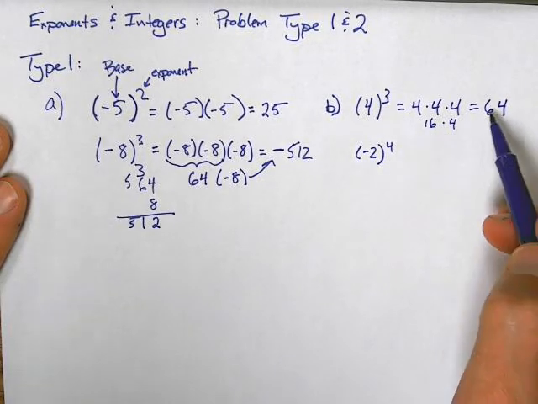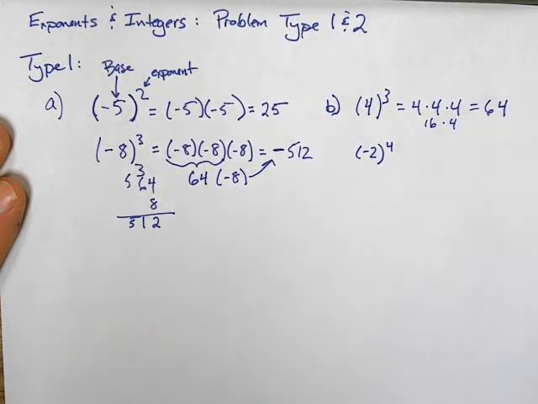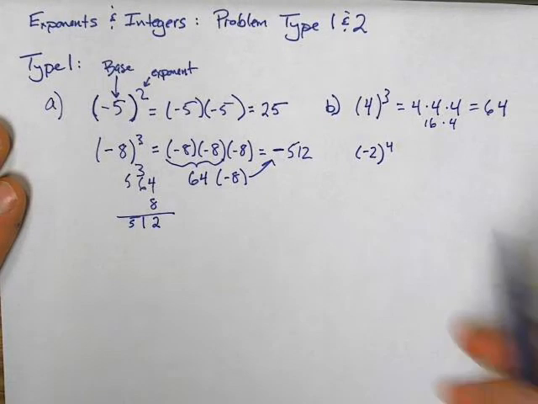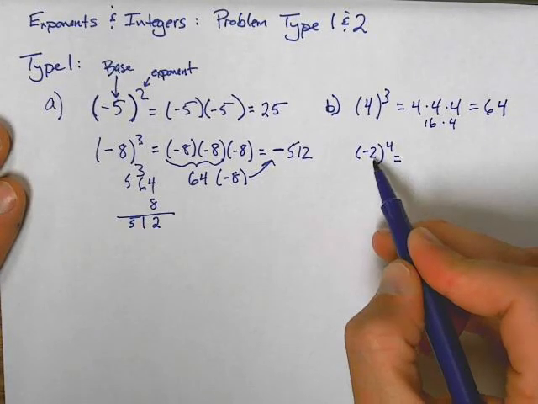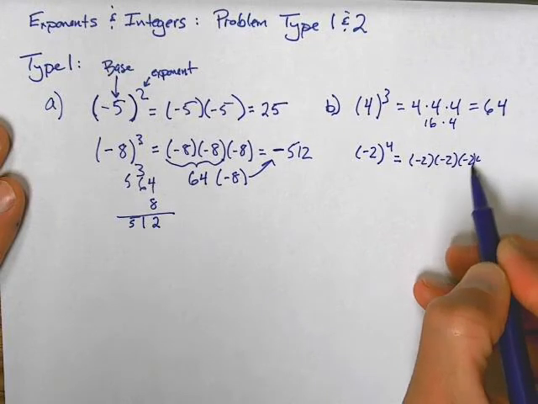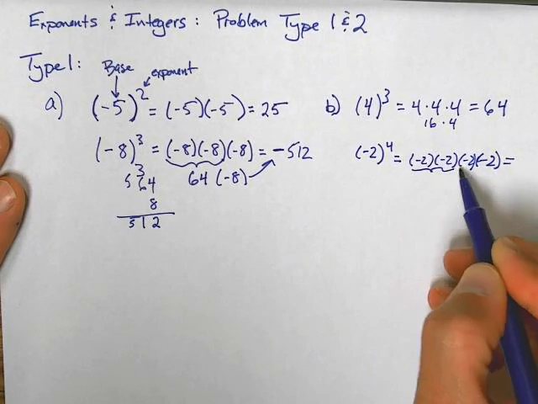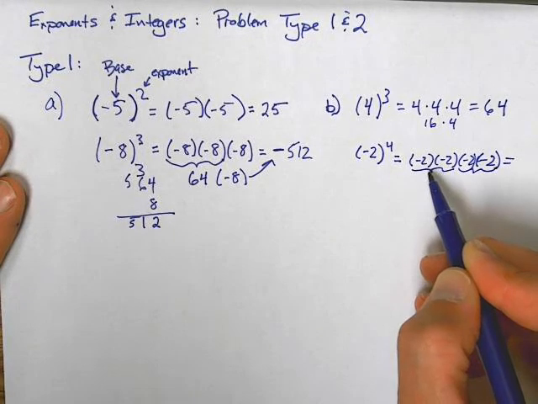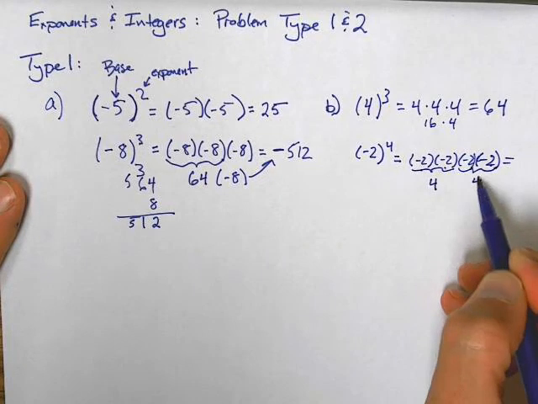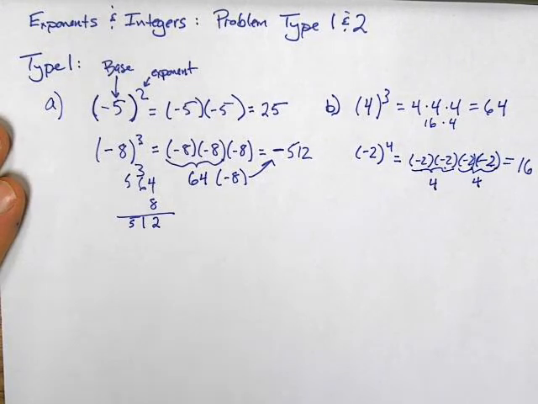You'll just know 4 cubed is 64. Likewise, you might get good enough to know 8 cubed is 512. That's not as common as 4 to the third, but still you might get good enough to do that. (-2) to the fourth would be -2 multiplied by itself 4 times. So notice you can pair up the negatives: -2 times -2 would be 4, -2 times -2 is 4, positive times positive stays positive, so it's just 16.